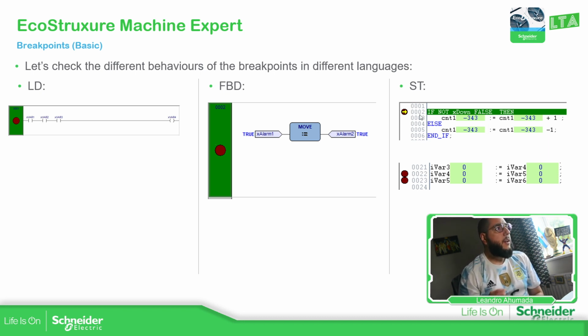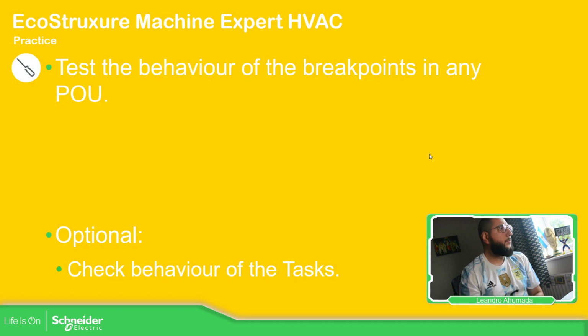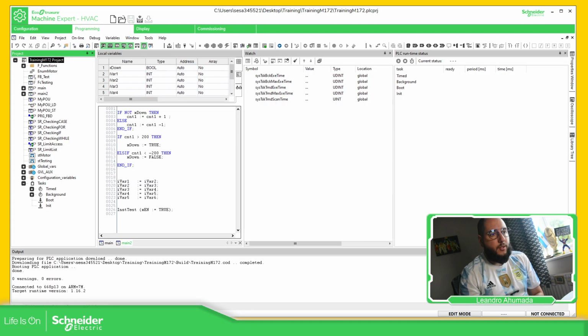You have a different visualization in structured text: you have the red circle, but when the program is stopping at that specific line, you should be able to see that yellow arrow over there. So it's very straightforward, and it's essential to know this for troubleshooting.